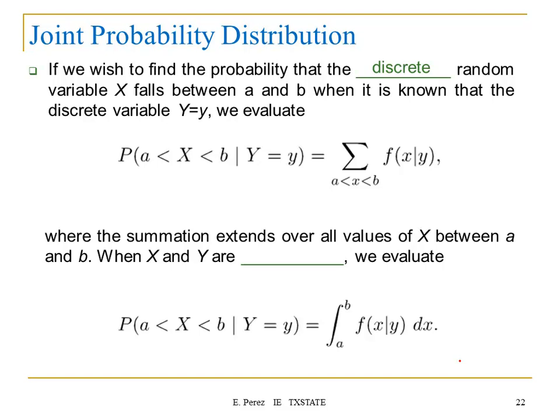In the discrete case, you look at the summation over the interval using the density function of x given y. We can extend this to the continuous distribution. For the continuous case, instead of the summation, we look at the integral over the interval.